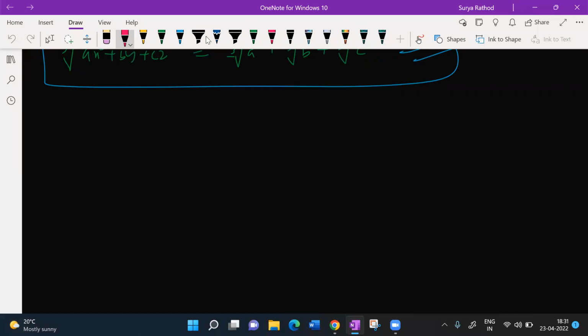Guys, the question is find the irrational numbers between root 3 and root 2. That is the question, correct? Yes, sir. Find two irrational numbers between root 3 and 2.